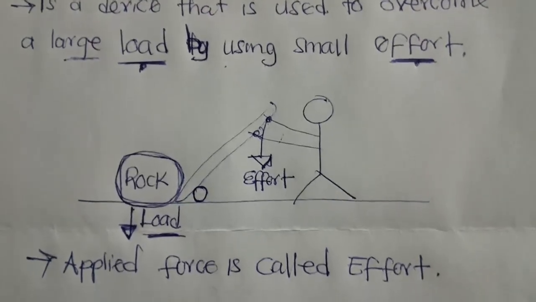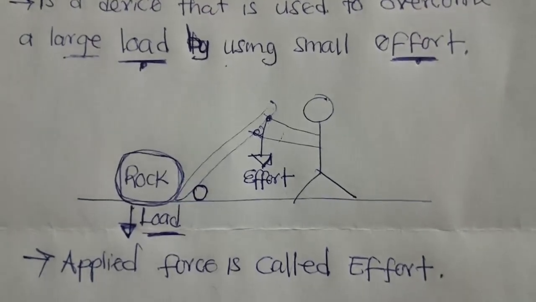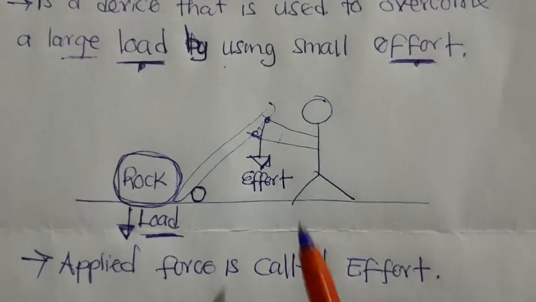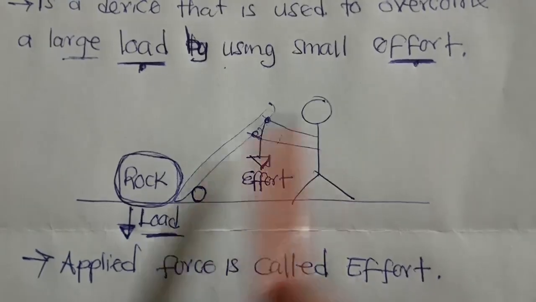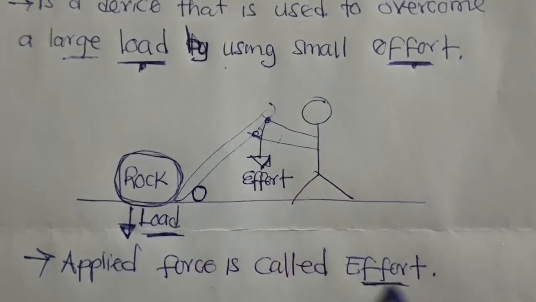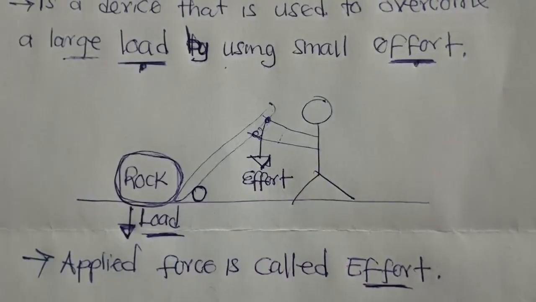This force that is being applied here, this is the applied force. It is called what? Effort. Make sure you get this. So when I ask what is effort, you just tell me that effort is the applied force. This is what you need to understand.